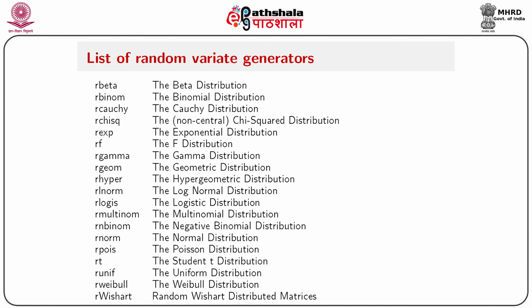And these are the list of the random variate generators available that come with the basic function. So other complicated variables and complicated distributions are available in different packages.